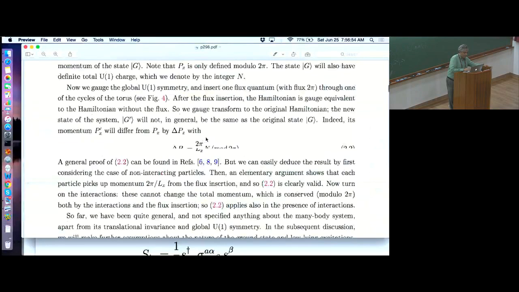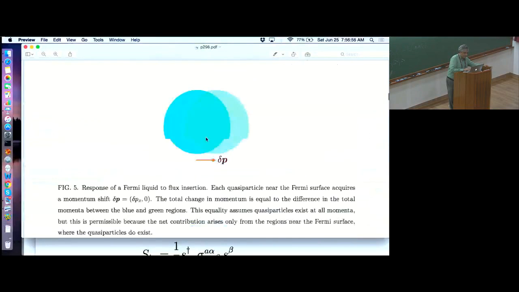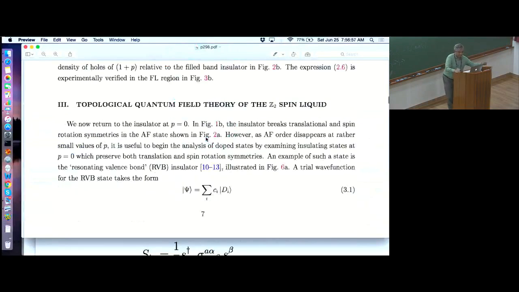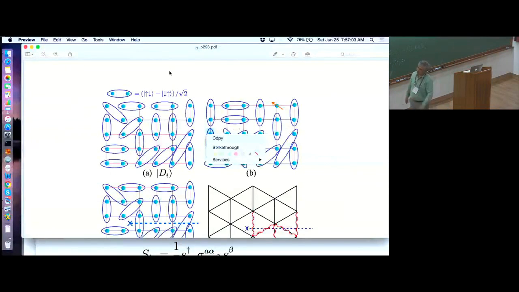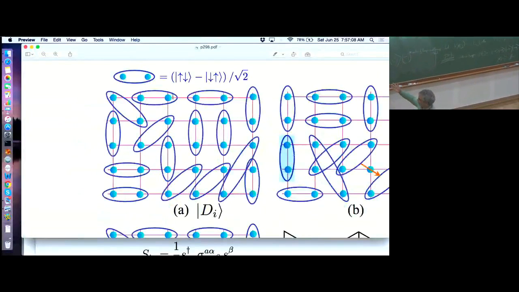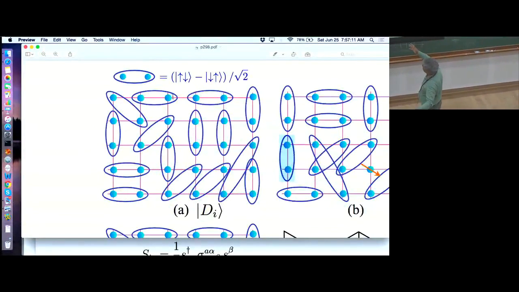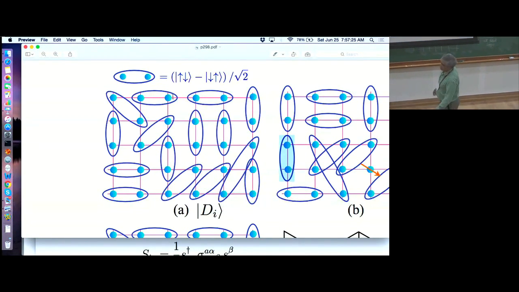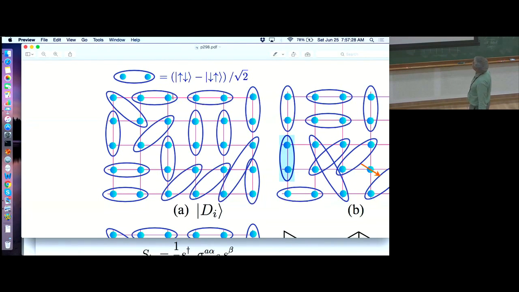So this picture here on the left, upper left, is the RVB wave function, right? It's the famous resonating valence bond wave function. Probably you've heard Bhaskaran talk about it. You take electrons on an antiferromagnet here on the square lattice, and you have them form spin singlets this way.